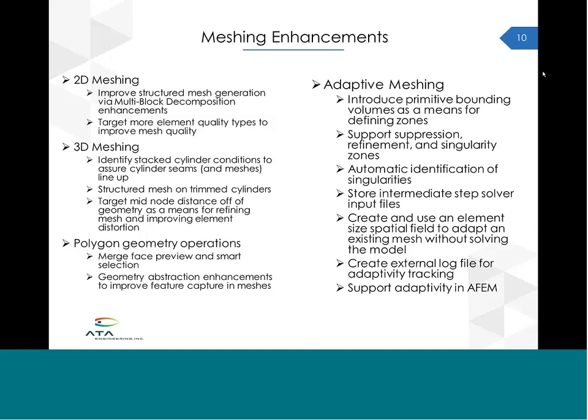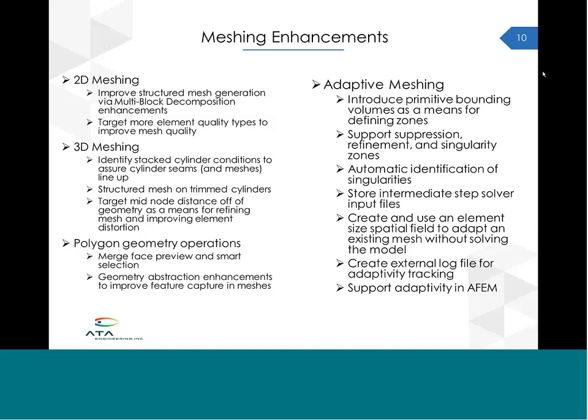Now, when it comes to 3D meshing, there is greater support for higher mesh quality on cylinders. I mentioned that before, that previously you had to have seams or edges down the length of the cylinder to really get high quality 3D meshes. Well, that's been significantly enhanced, so you don't have to divert your meshing workflow to create geometry artifacts just for the sake of getting higher quality meshes.